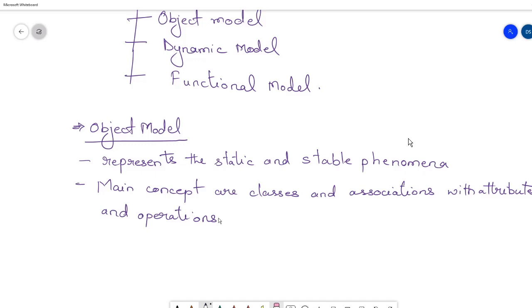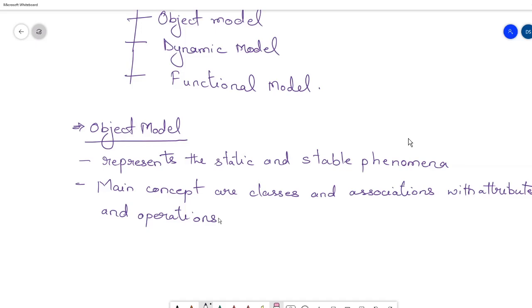So just remember that Rumbaugh has proposed three models. In that, he has focused on the object model, where he stated that it is static. It defines the static phenomena of the model, means it is static and stable, and at the same time it tells how classes are being defined.